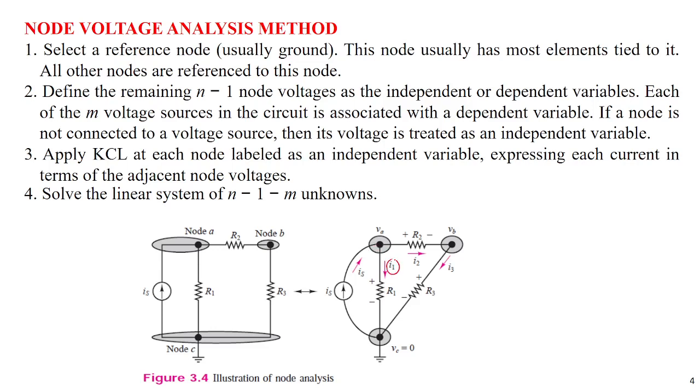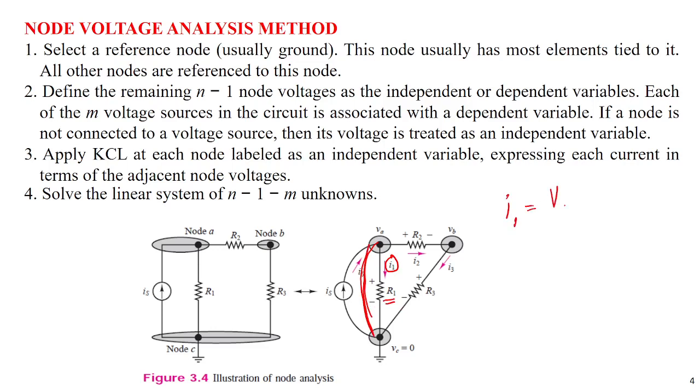In terms of VA, I1 is VA minus VC, which means minus 0, divided by R1, right? I1 is VA, the voltage across R1, divided by R1.